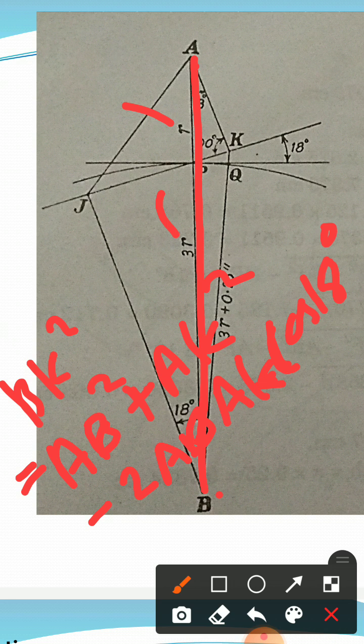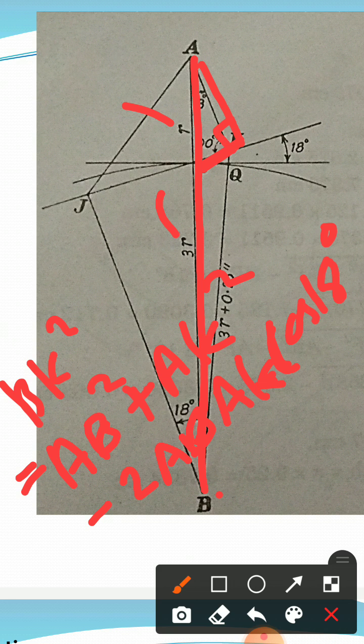And AK we can find out by this triangle. AK is nothing but r, and this angle is 90 degrees.